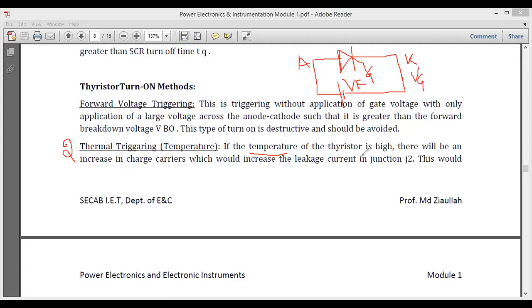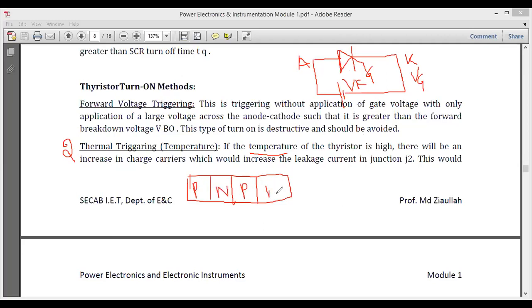Increase in the temperature will increase the flow of charge carriers, which in turn will also increase the leakage current at junction J2, because we know the construction of the SCR. It is a 4-layer, 3-junction device.